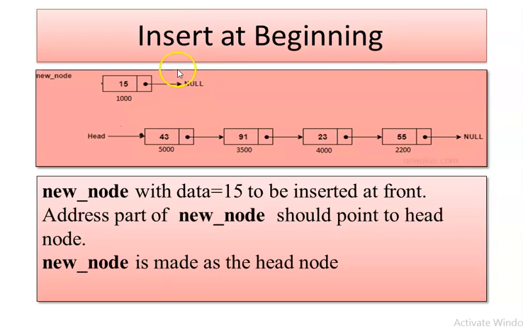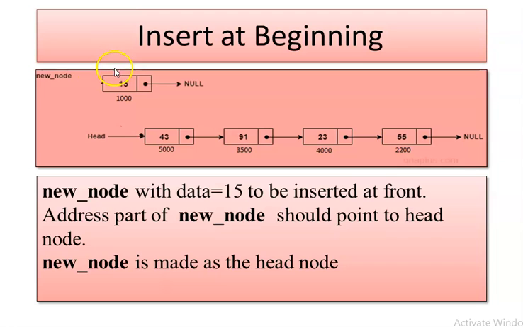Let us see insertion at the beginning. We know that a linked list is identified by an address, which is the address of the very first node. Normally it will be declared as head or start. So we are using head here, for example, and this is an already created list having 4 nodes.